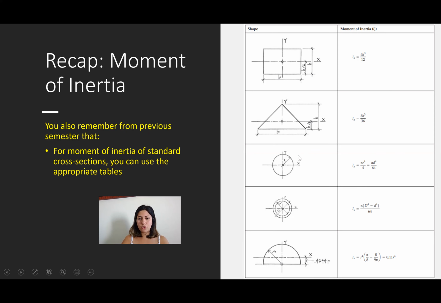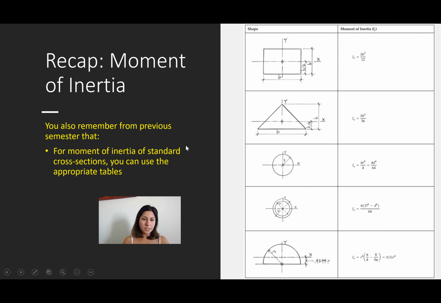For the rod or solid circular cross section, here is the formula, and for the other ones also we have different formulas.